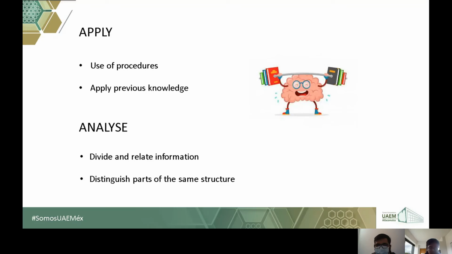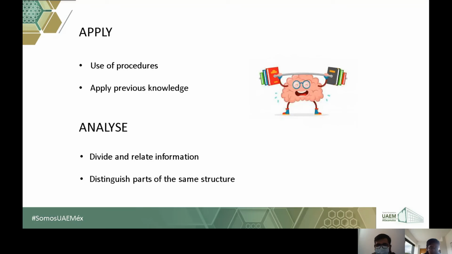For example, divide the information and distinguish the parts of the design structure. It means that we are going to decompose a material into its constituent parts and determine how the parts and the theories are related with a real construct.